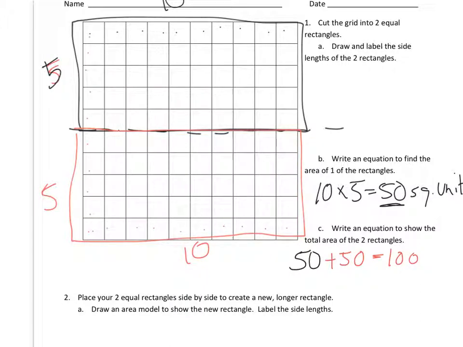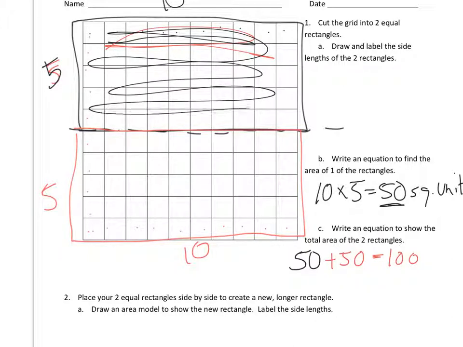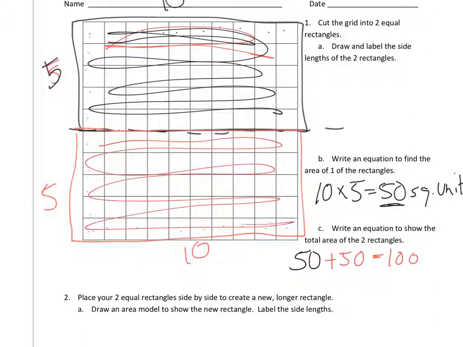Okay? So the area of the black one is the same as the area of the red one. We added them together. So the two equations we had to write was a multiplication equation and an addition equation.